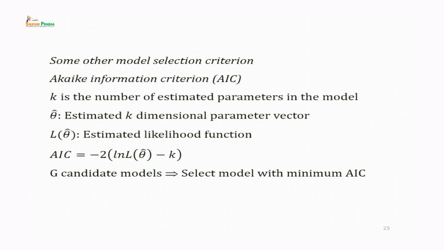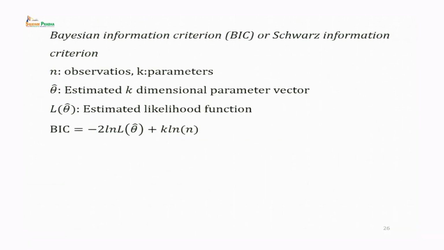And how can you use AIC? If there are G candidate models and you have to select one of those models, then you fit all the G models, calculate AIC for each of these models and then select that model which has minimum AIC.